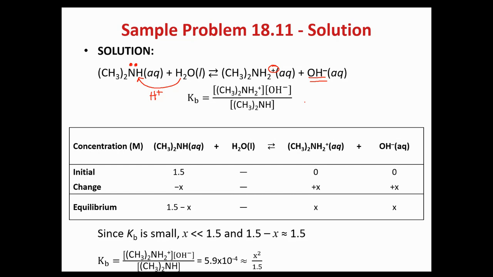Check that number out. What we would have seen is that we would have been greater than 400, taking the 1.5 divided by Kb, which would be a lot greater than 400. So we know we're going to be able to ignore X.